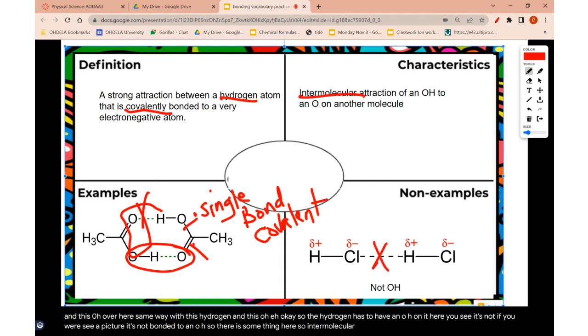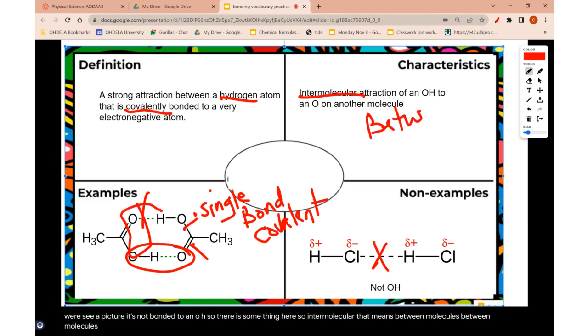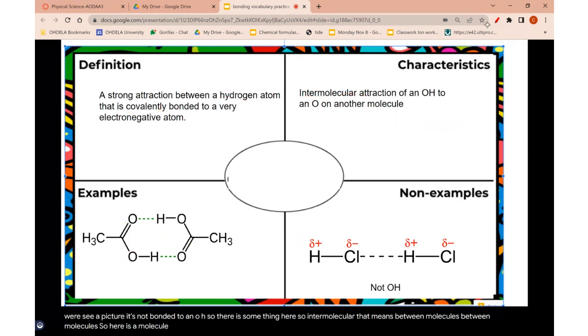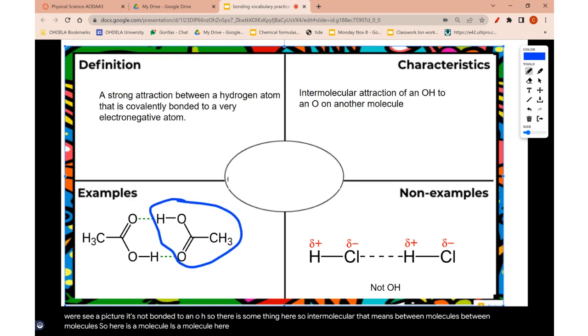thing here. So intermolecular, that means between molecules. So here is a molecule. Here is a molecule. Here, all bonded with those lines, and here's another molecule there.